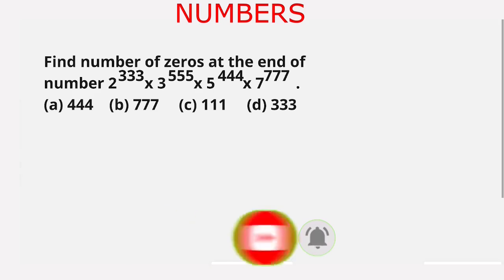The number of zeros at the end of any number is nothing else but the power of 10 in that number, and 10 comes by multiplication of 2 and 5.